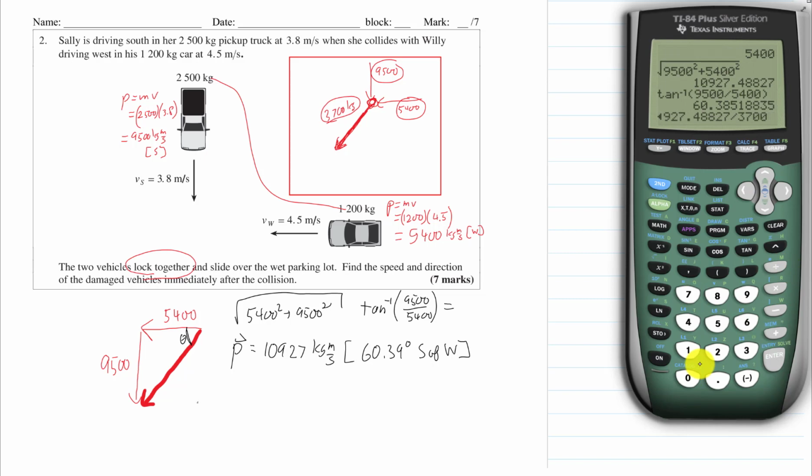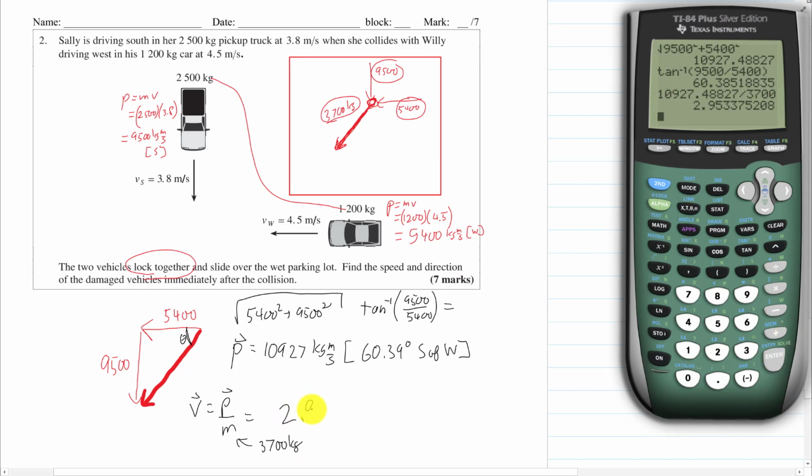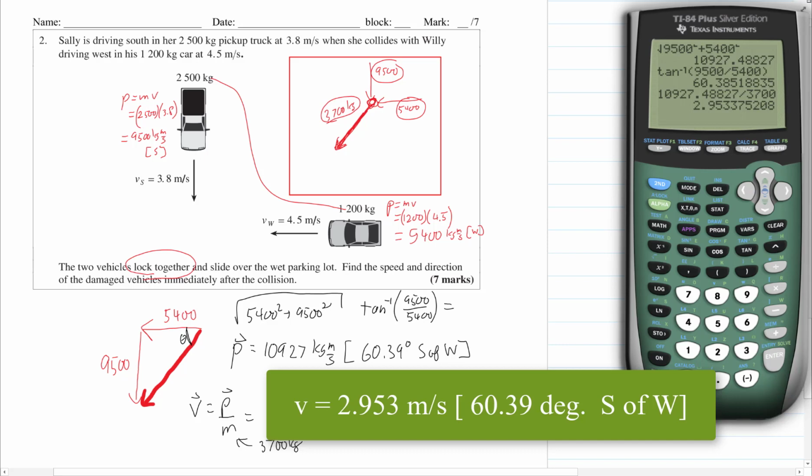The work for that is velocity vector is equal to the p vector divided by the mass, and that's 3,700 kg, the mass of the wreckage, the combination, and we get the velocity of 2.953 meters per second at an angle of 60.39 degrees south of west. Sweet.